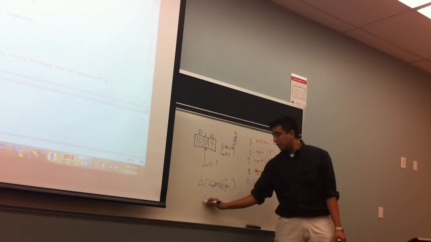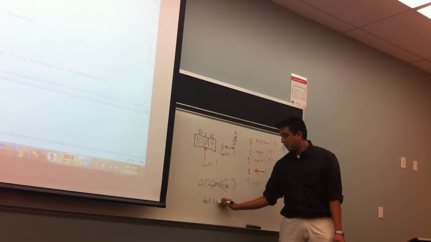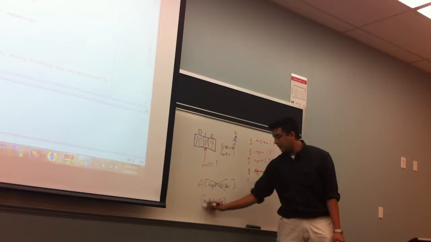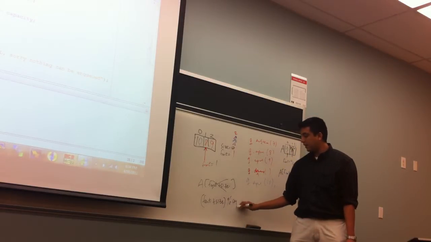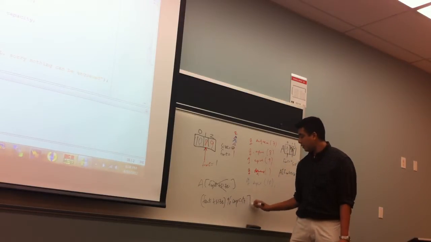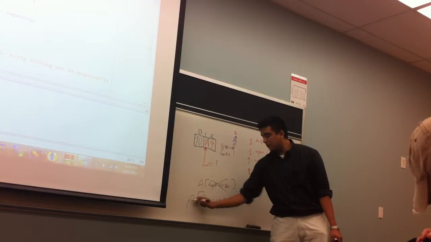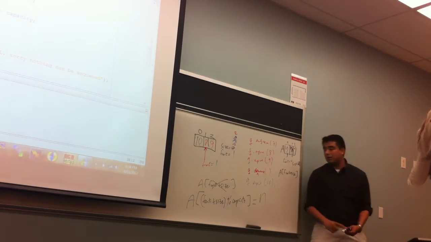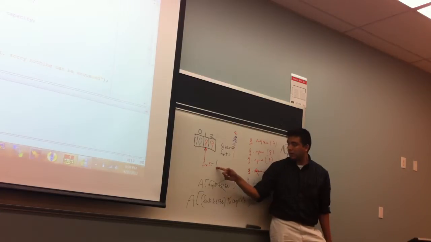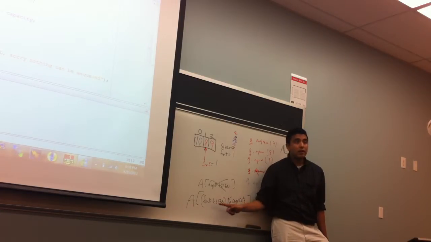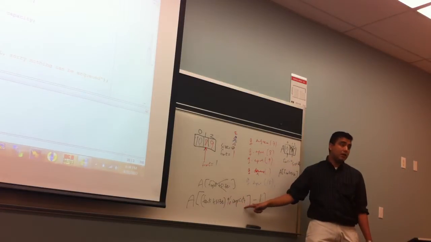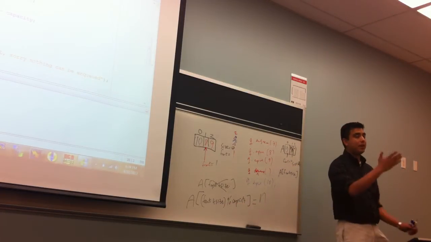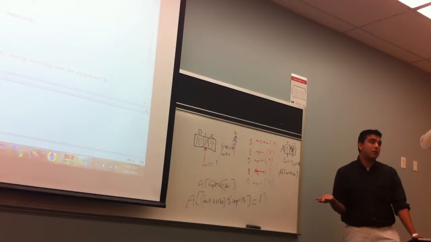So if I do this, front plus size, mod capacity here, and I say insert at this position the element, and this works. Because if the front is 1, right, and size is 2, it would be 3, right? 3 mod 3, the modulus of dividing 3 by 3 is 0, that means it's 0, right?